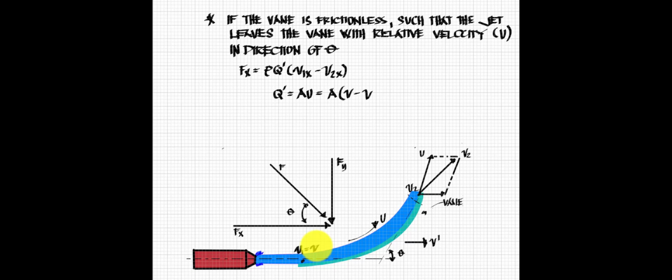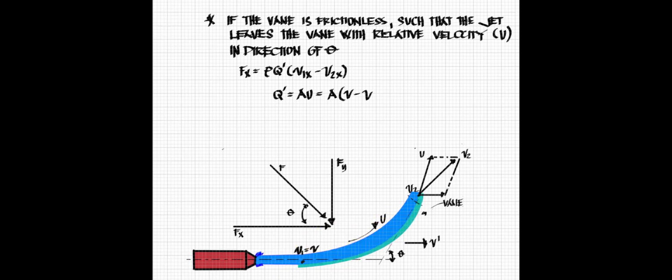Then again, our vane moving velocity prime, then our u will be the change in v minus your v prime. So, as before, we have your velocity 1 at the x component now equal to your v. Okay, so we can continue our equation, writing the equation here.